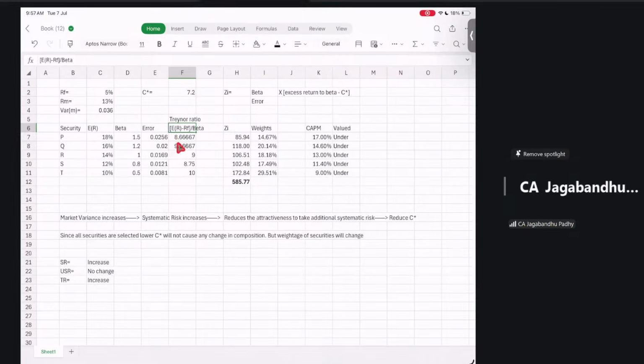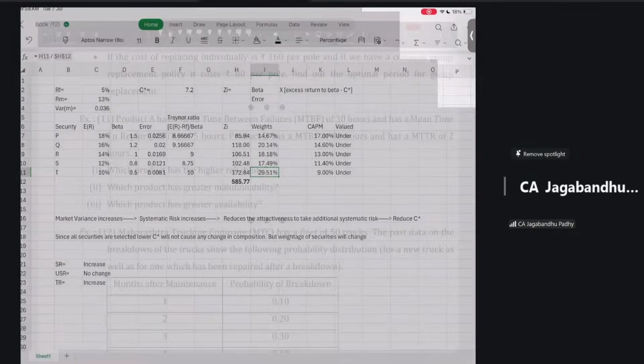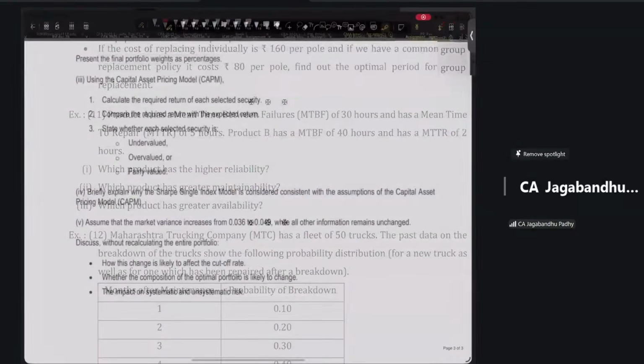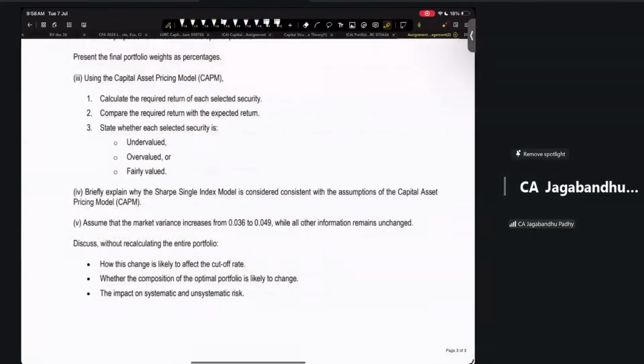Any security with a Treynor ratio more than the cutoff will be included in our portfolio, and those securities will be used to calculate Zi and then weights. Okay, so that completes our question number 3.